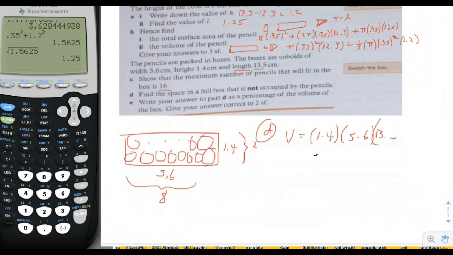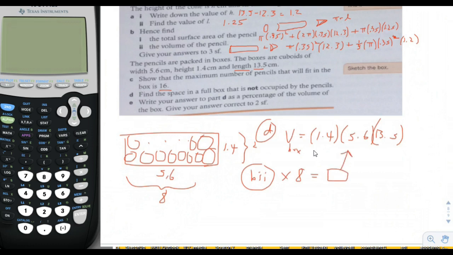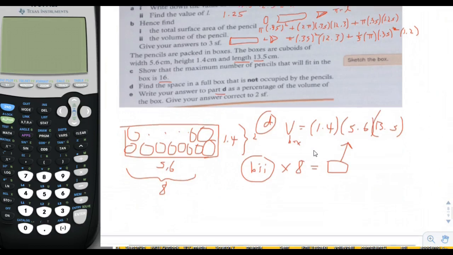Then you could take your answer from B2, which we don't have yet, the volume of the pencil, multiply it by 16, and subtract it from the volume of the box, and then we'll get the volume that is not occupied by pencils. Write your answer to volume D as a percentage of the volume of the box. You would just take the volume that is not occupied and divide it by the total volume of the box to get E. And that's it.